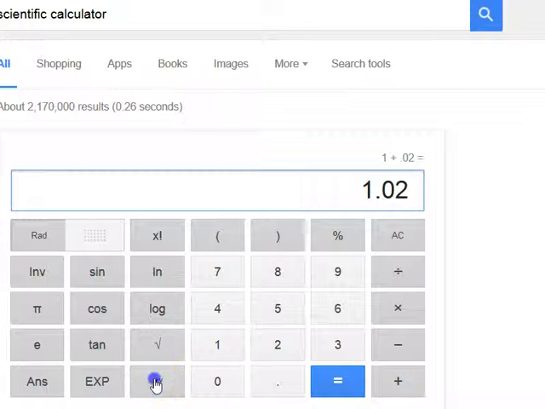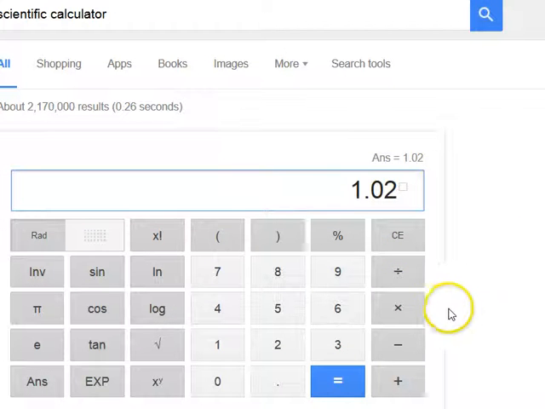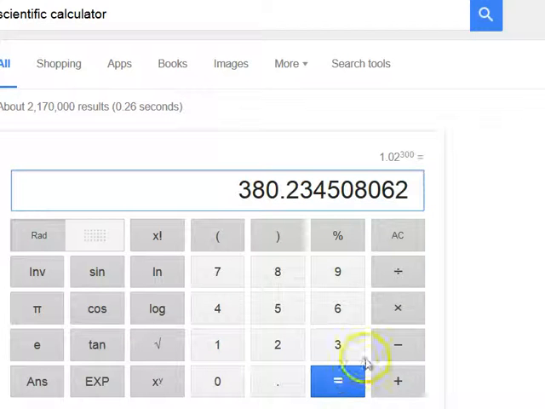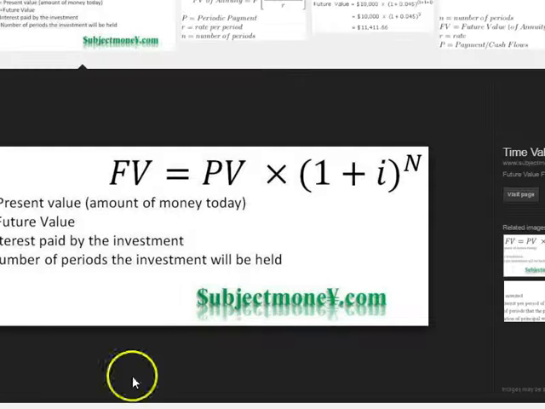You want to click on that one, and then you want to enter n, which is 300. Now you click equals. This is the compound interest component. If we go back to our formula, that's this whole component right here.